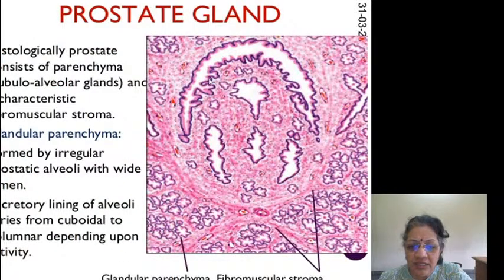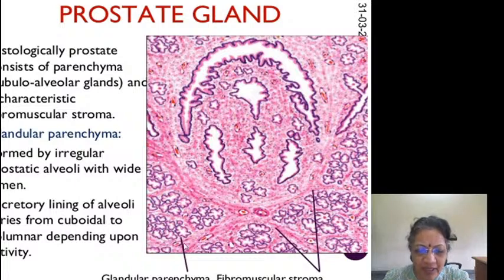Now this part is, again, a diagram. This is from the prostatic duct. This is the urethra within the prostate, and we are not looking at that today. We are looking at the remaining tissue, which is the glandular tissue. So you have a fibromuscular stroma. You can see pink smooth muscle in between the glandular tissue.